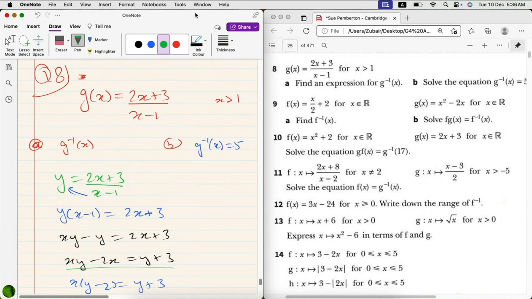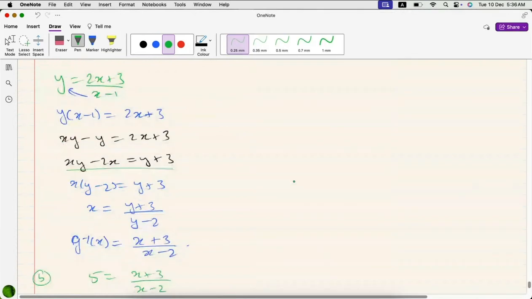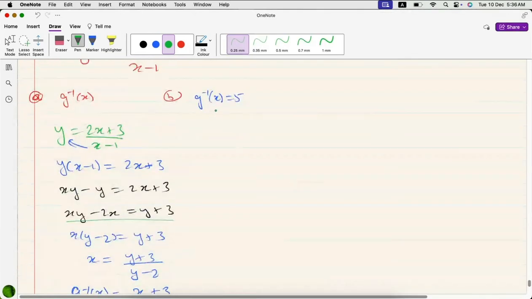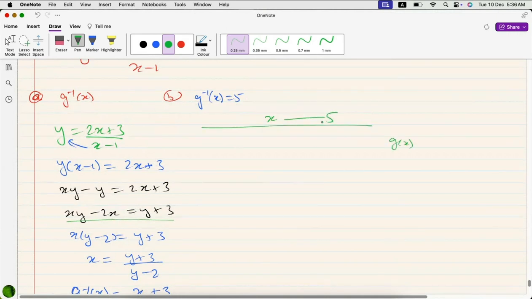We'll do it both ways again, just for the sake of concept. See, we substituted something in inverse to get 5. So we should substitute 5 in g of x to get something. This x might be confusing, so I'm writing a different letter. If we substitute b to get 5, we can substitute 5 to get b.